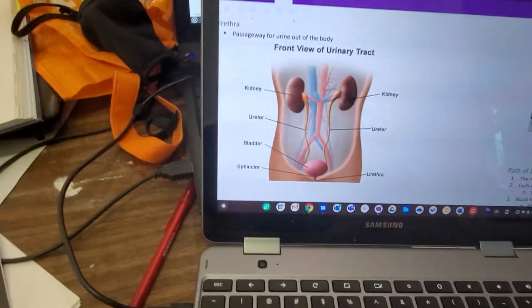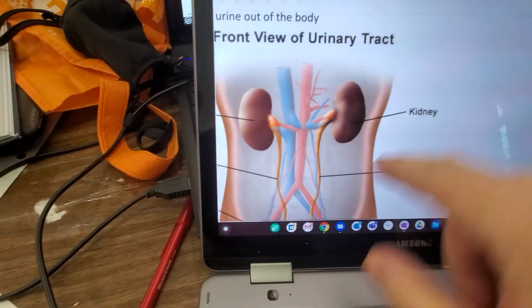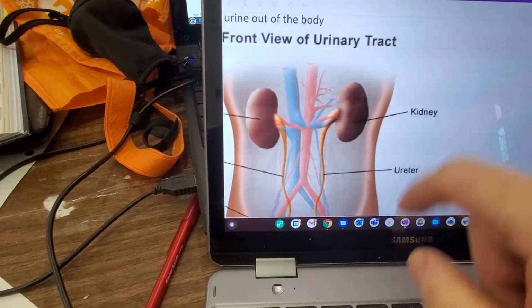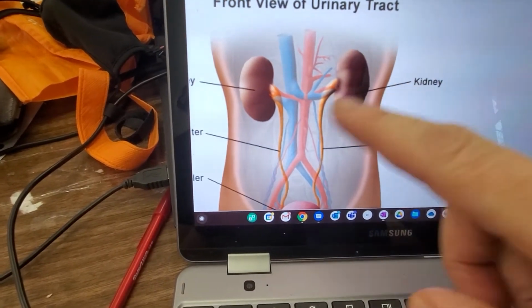So let's talk about the structures of the urinary system. Here we go. There are 2 kidneys. Like I said, you can have only 1 kidney.